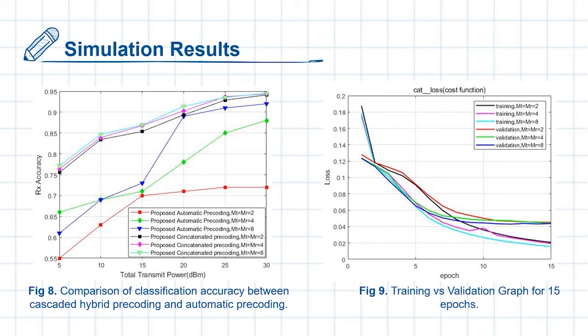There is no obvious gap between the loss function of the training set and the loss function of the test set, indicating that the network does not appear underfitting or overfitting.